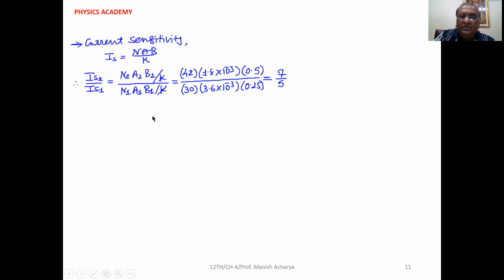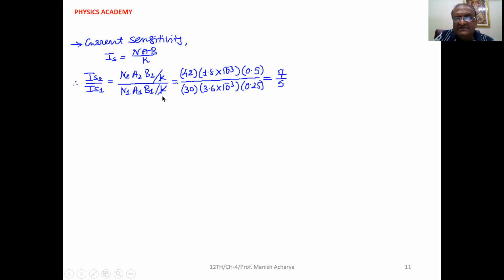Now we have the equation for current sensitivity, that is IS equal to NAB upon K. So current sensitivity of second meter upon current sensitivity of first one, that we can write equal to N2A2B2 upon K divided by N1 A1 B1 upon K.